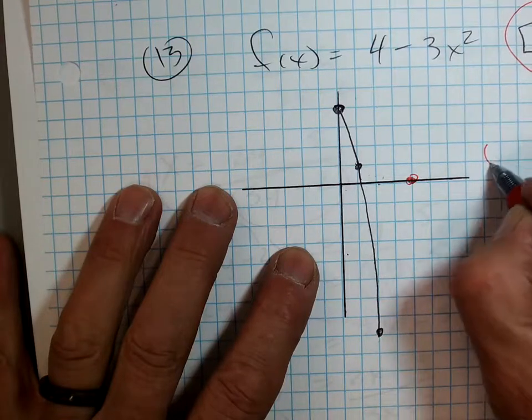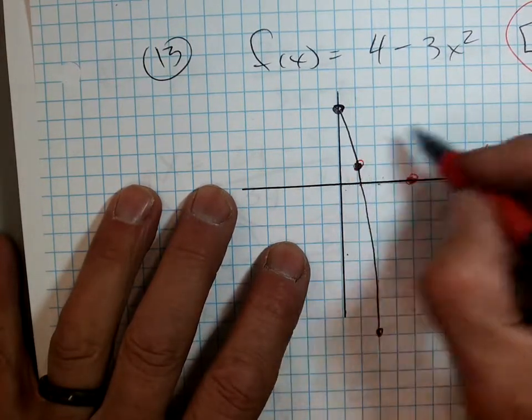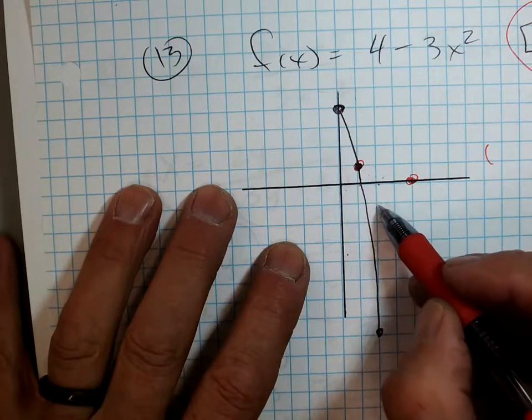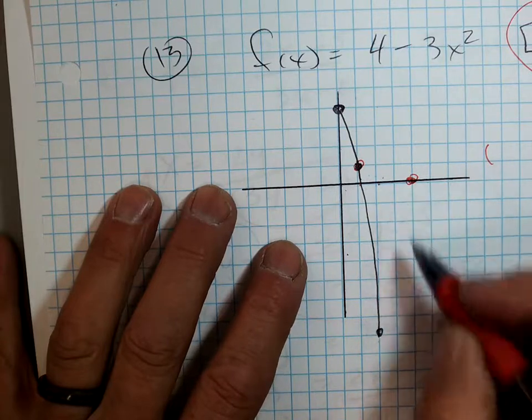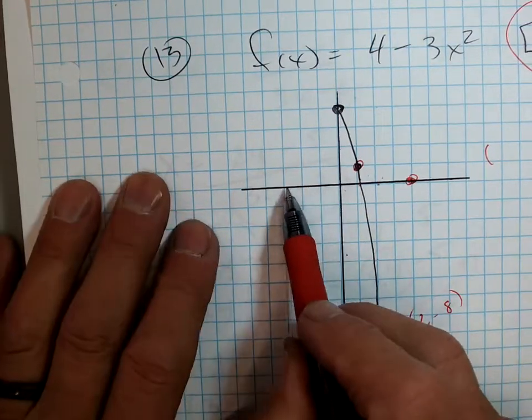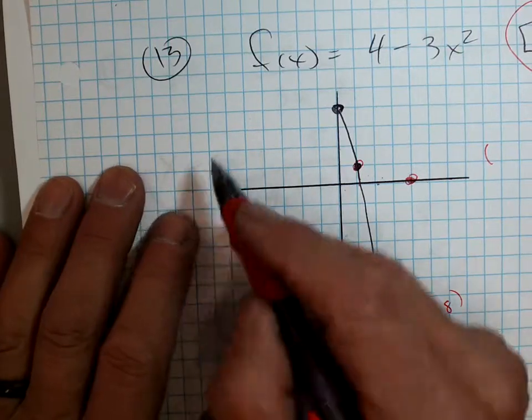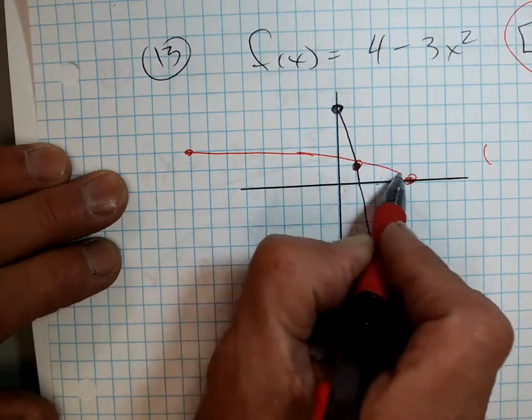So I'm switching the points. This point's at 1, 1. This point's at 2, negative 8, so I'm going to go 1, 2, 3, 4, 5, 6, 7, 8. We've done this before. Here's my inverse graph.